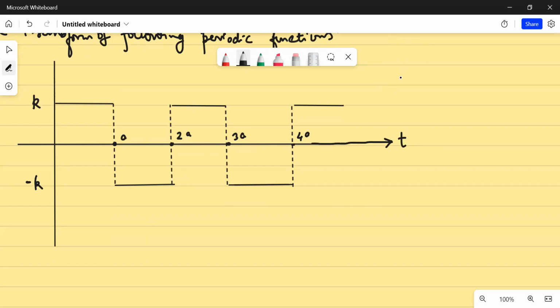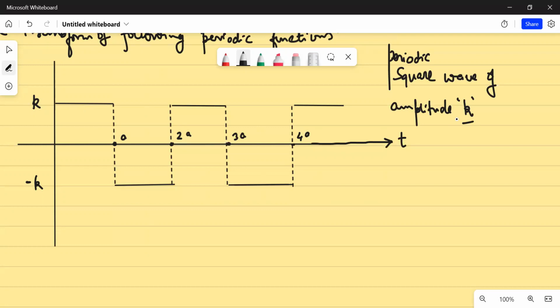So this is clearly a periodic square wave of amplitude k. Is that clear or not clear?